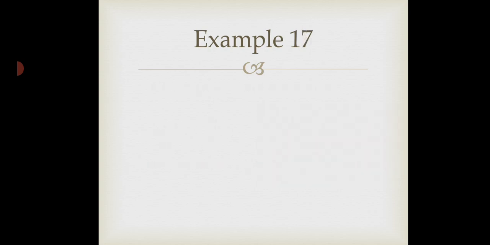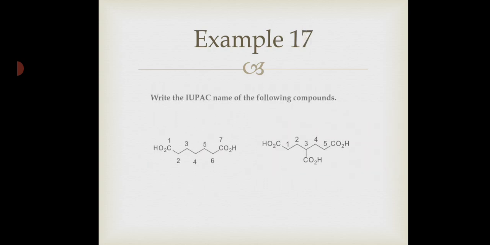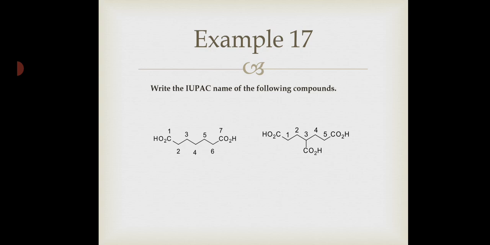Coming to example 17. Write the IUPAC name of the following compounds. The first compound is similar to example 7, and the name of the compound is heptane dioic acid. Now see the twist.